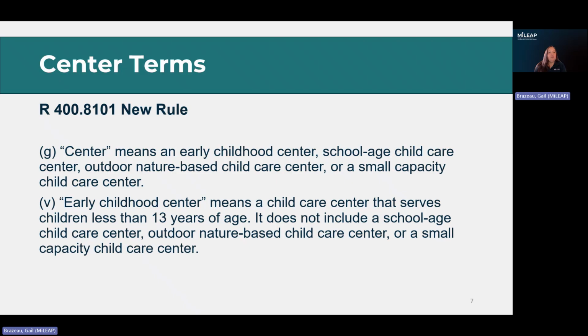Subrule V defines early childhood center, which means a child care center that serves children who are less than 13 years of age. It does not include a school-age child care center, an outdoor nature-based child care center, or a small capacity child care center.